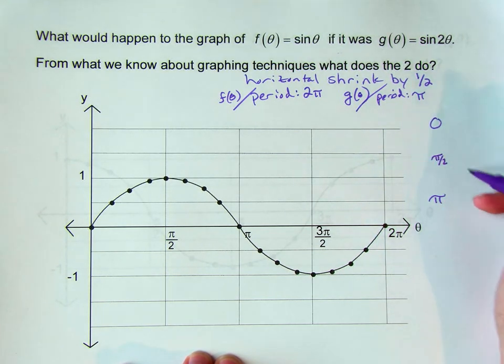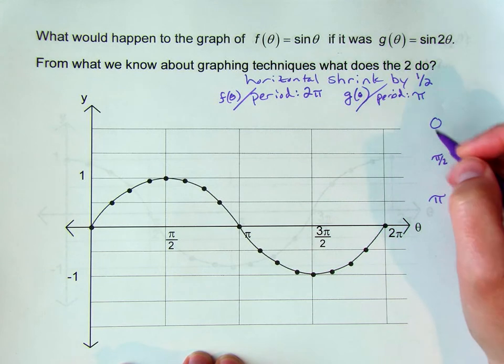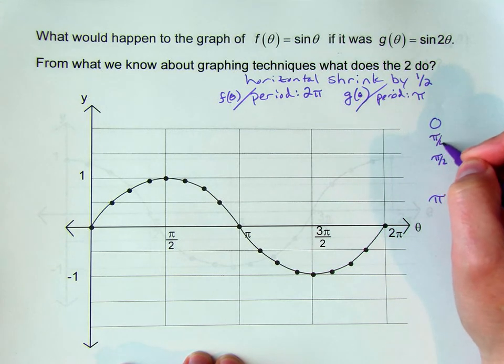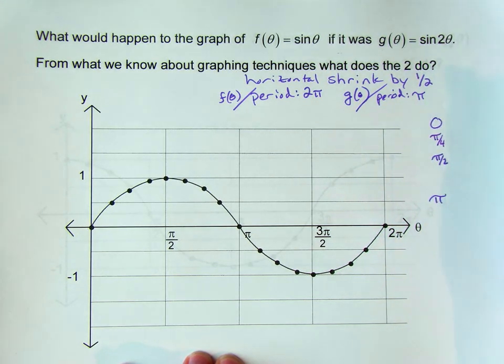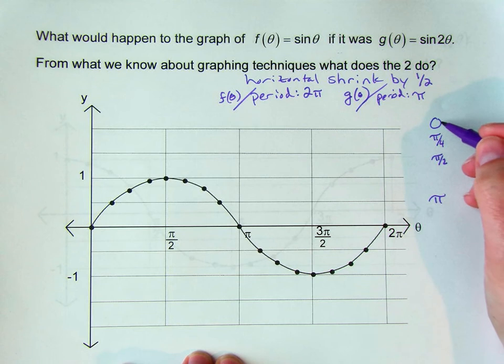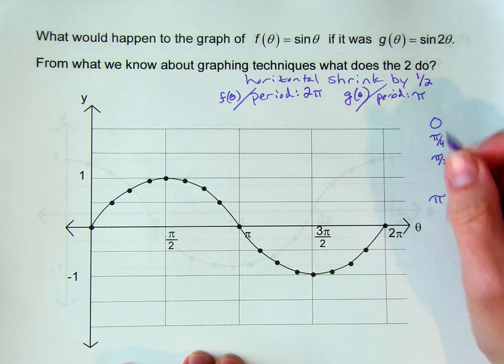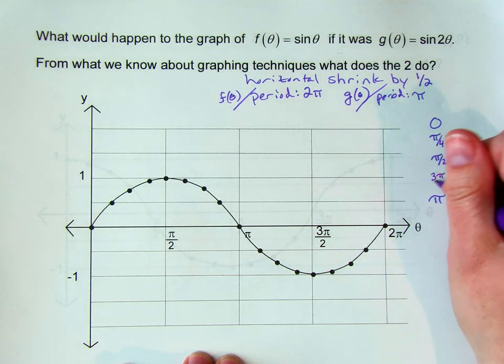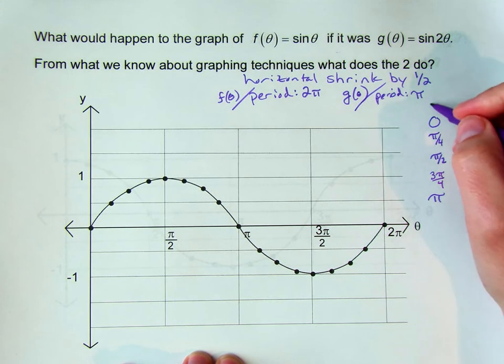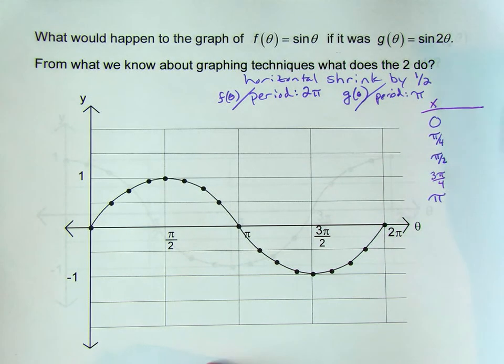What's half of pi over 2? That's going to be pi over 4. Half of a half is a fourth. So now I have 0, 1/4, 2/4, 3/4. These are going to be my x values, or in other words, my theta values for my important points.